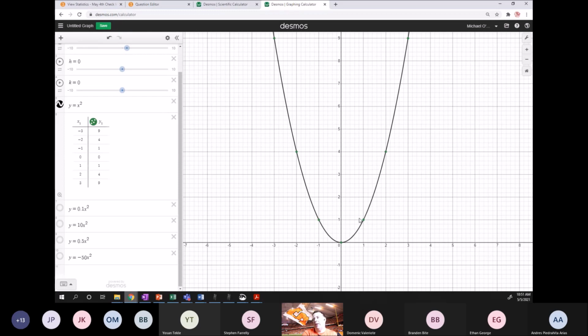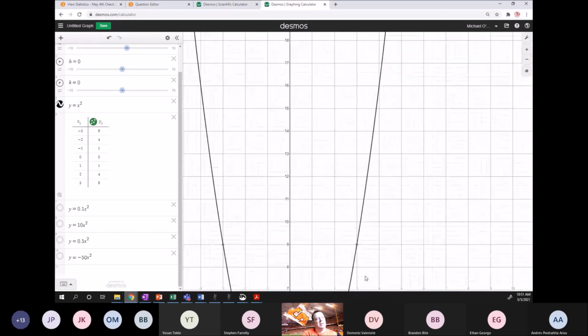Then our second step pattern is 3. So we go over 1, up 1, 2, 3. Then our next step pattern is 5. So we go over 1, up 1, 2, 3, 4, 5. What's our next number? 7.